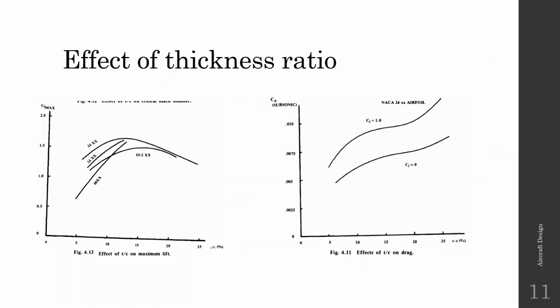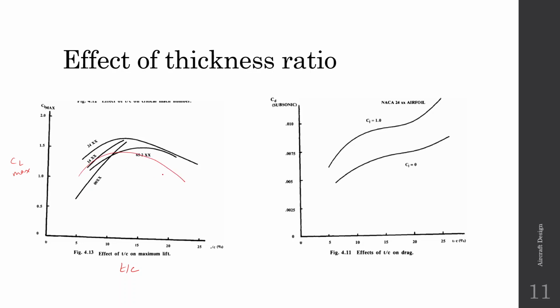Okay, now moving forward, I will discuss the effect of thickness ratio on various aspects. These are some historical data which has been observed. This is the effect of T by C on maximum lift. You can see that the graphs are kind of like this.